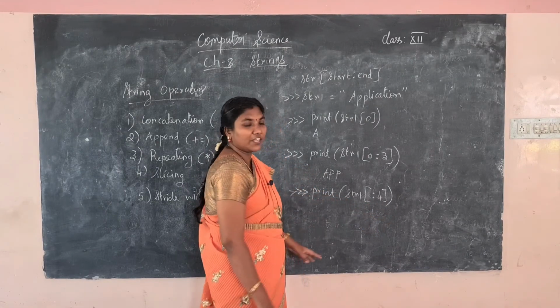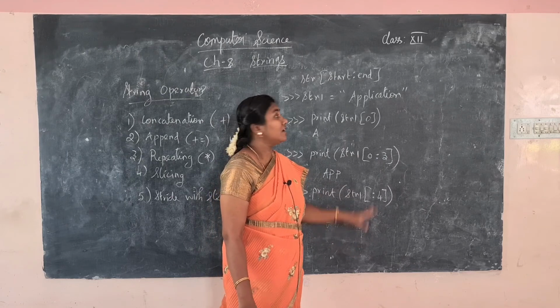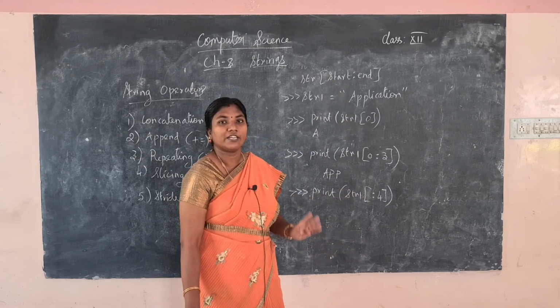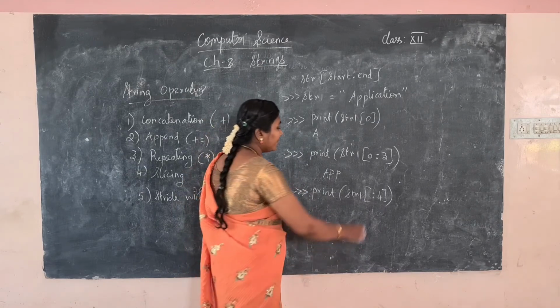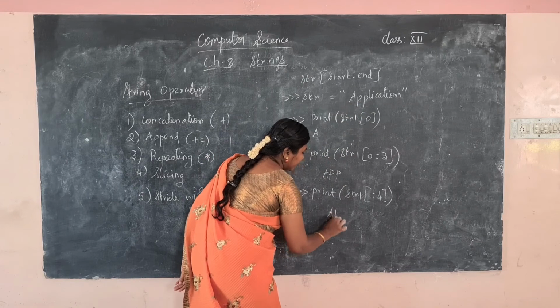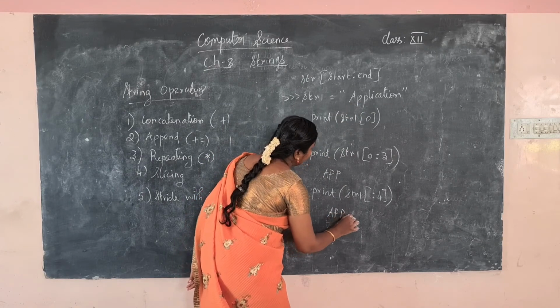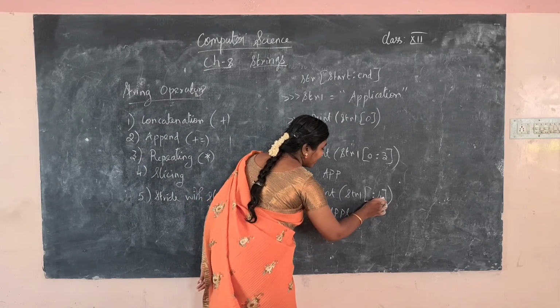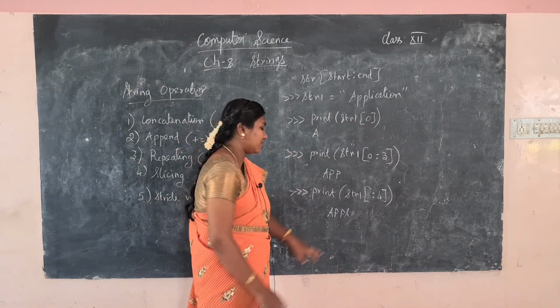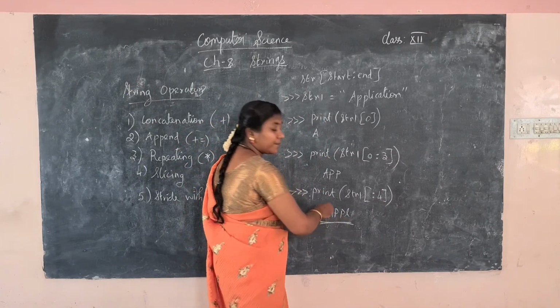If you are not specifying the start value, it will take it as 0 by default. I have given up to 4, so string 1 of 0 is A, 1 is P, 2 is P, up to 3 because I have given 4. So 0, 1, 2, 3, so A, P, P, L will be my output.